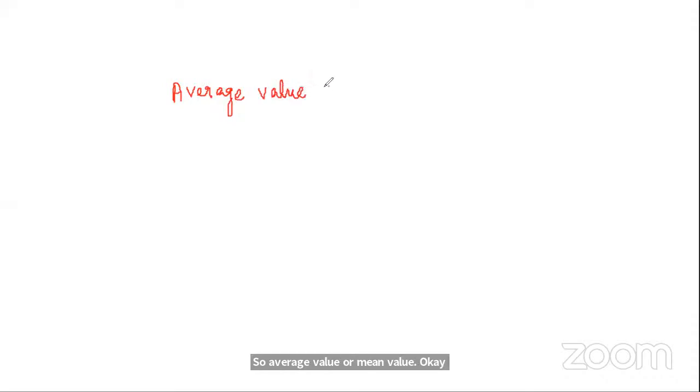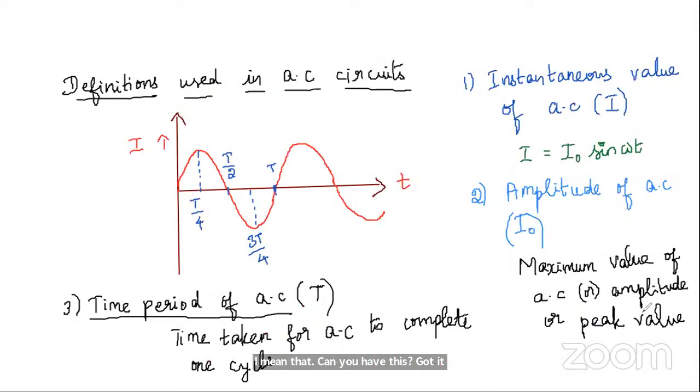When you have this current, it is represented by this circuit, I equal to I naught sin omega t. So you take this circuit. For the positive half cycle, I am going to find out the average value.